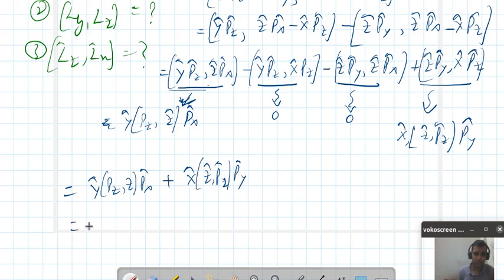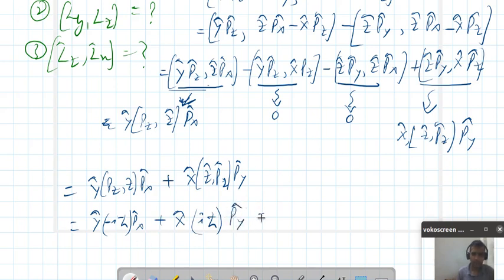So let me simplify this. It is y, it is iota h cross with negative sign into px plus x, it is iota h cross, it is py.